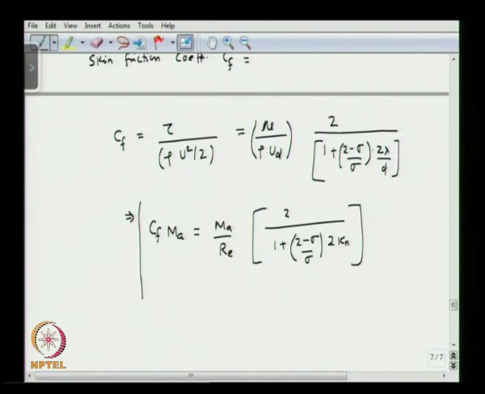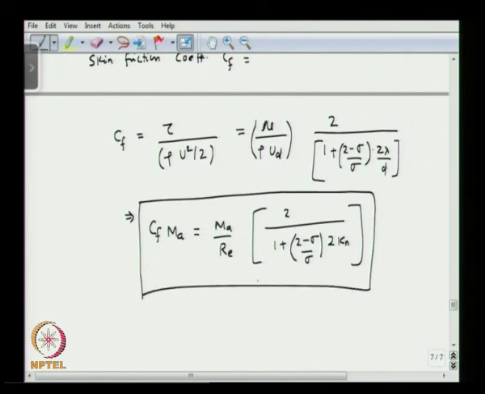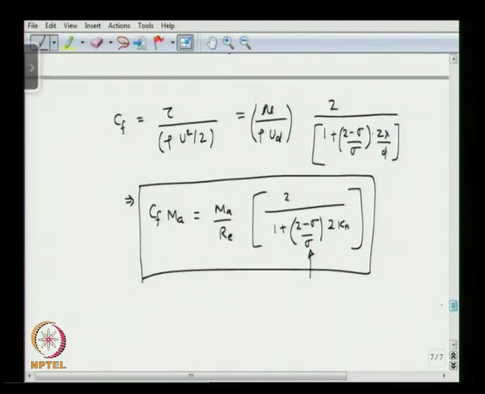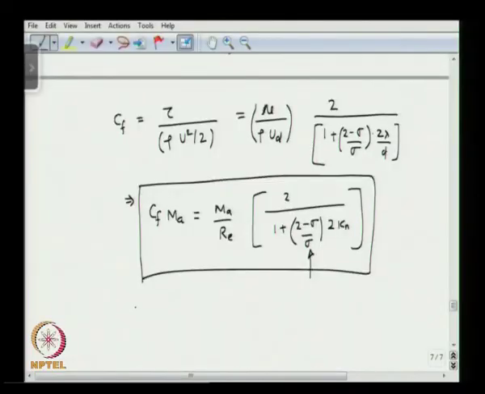So, this expression can be used to predict or to calculate the momentum accommodation coefficient. If you do an experiment where you can determine the Mach number, Reynolds number, Knudsen number, and other parameters, and the skin friction coefficient, you can use this formula to predict the value of the momentum accommodation coefficient sigma.